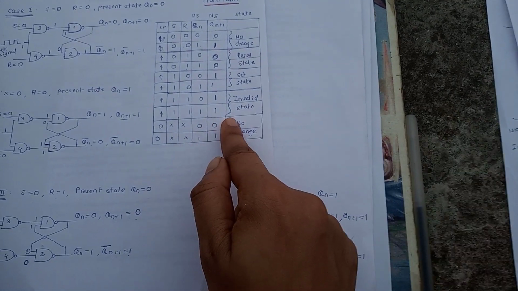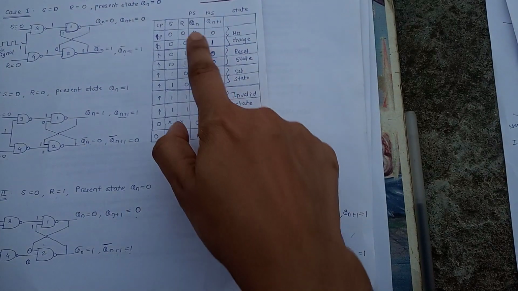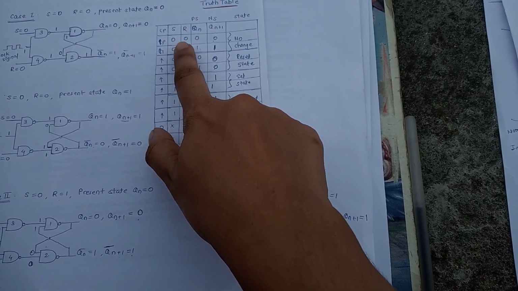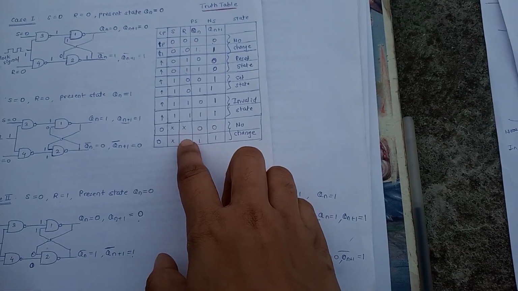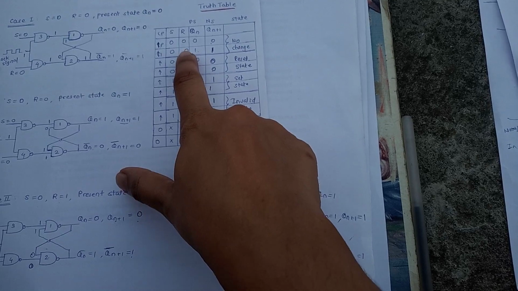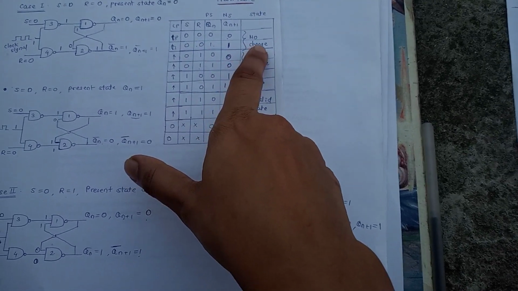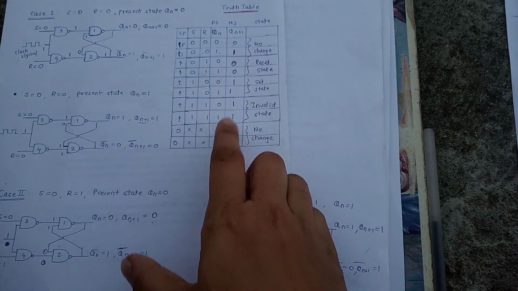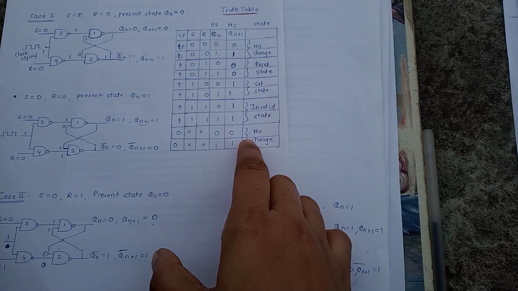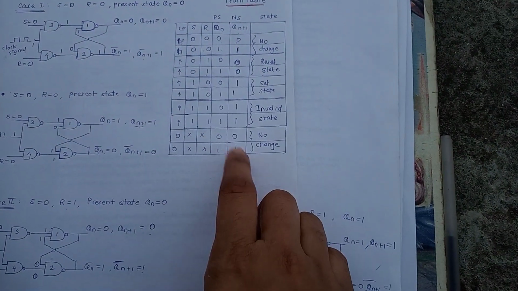Means we can say that there is a no change state. So when S equal to R equal to 0, the flip-flop can operate as a memory element, and when clock pulse is not applied, the flip-flop also can be used as a memory element. So this is the truth table for the SR flip-flop.